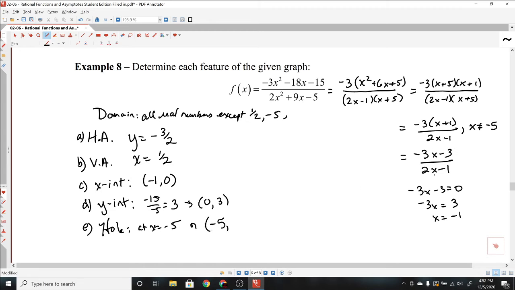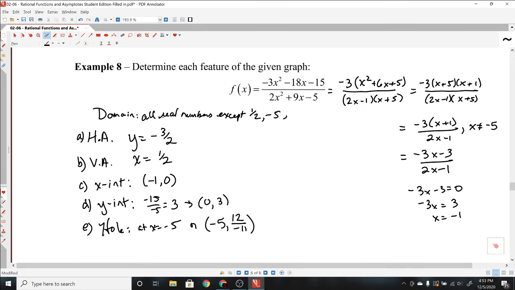I plug -5 into this reduced version to figure out the y coordinate of that hole. So -3 times -5 is 15, minus 3 is 12. 2 times -5 is -10, minus 1 is -11. Right. And that's all that we're going to have to do.